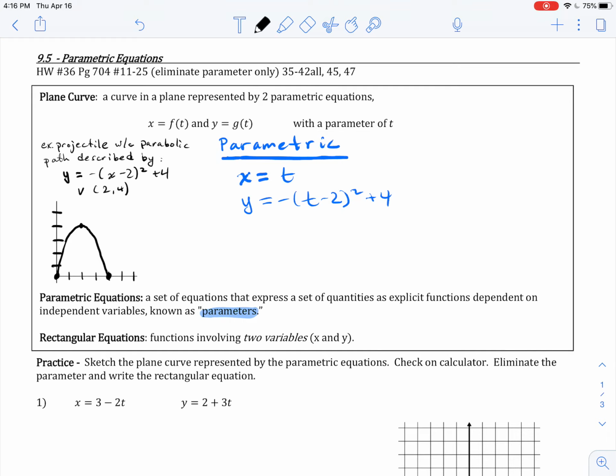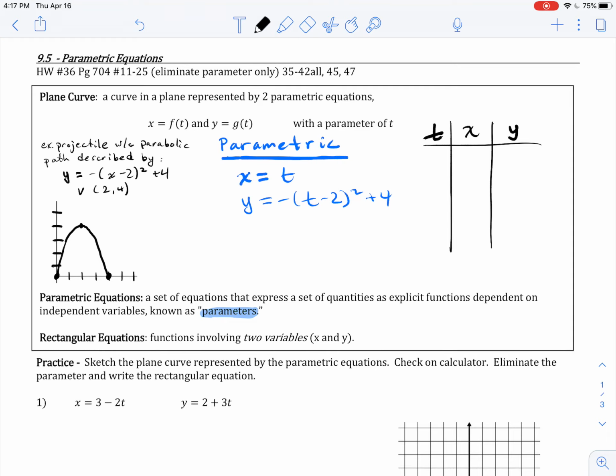The first thing I really want to do is set up a table. This is really going to be my first and primary thing that I'm doing whenever I'm graphing a set of parametric equations. So I'm going to set a table up with 3 columns, t, x and y here. And I'm going to go ahead and fill in my table for my set of t values.